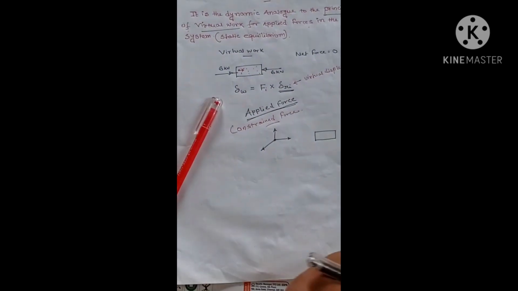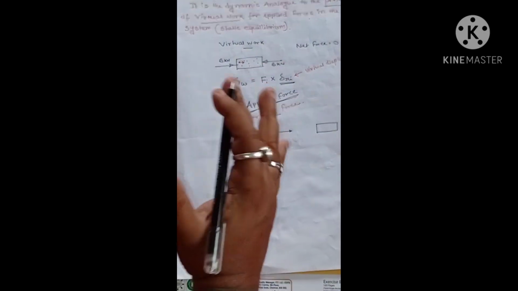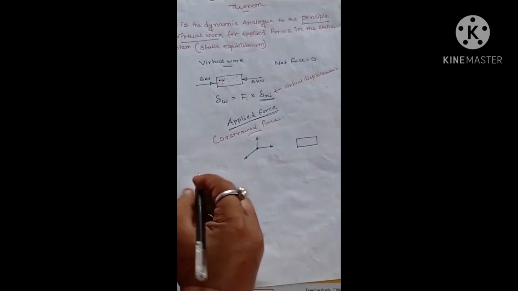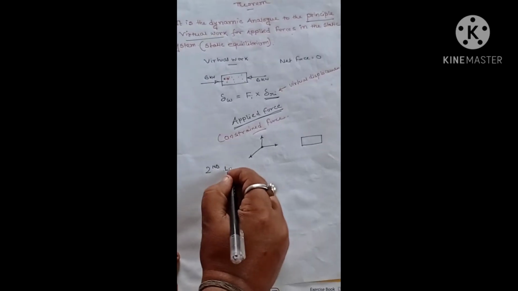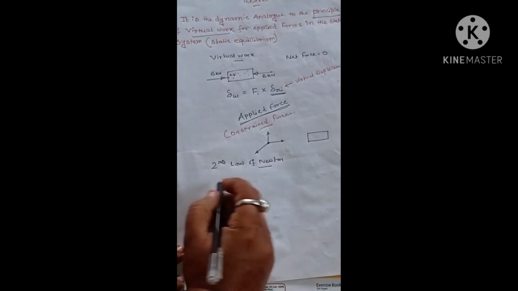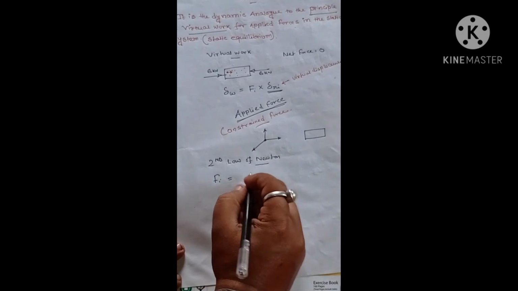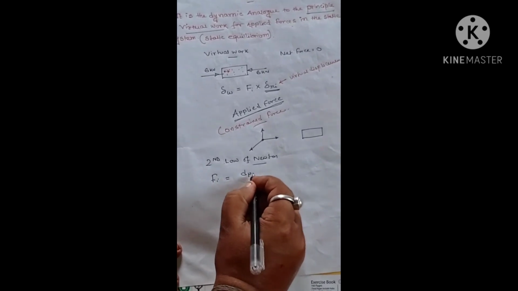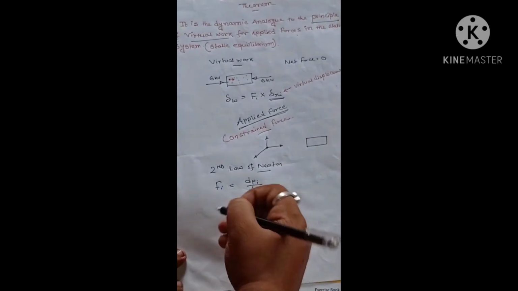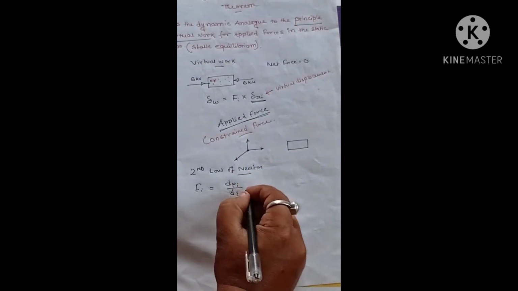For a system in motion, we are going to apply the static concept to the system which is in motion. From Newton's second law, we know that Fi, the force, is dpi divided by dt, where p is the momentum and t is the time, the rate of change of momentum with respect to time.